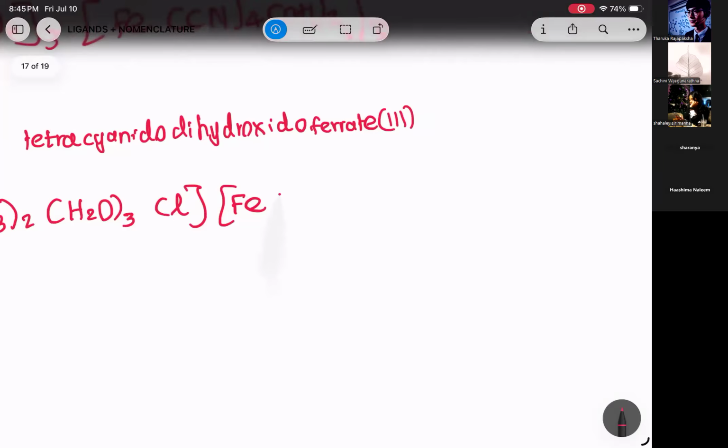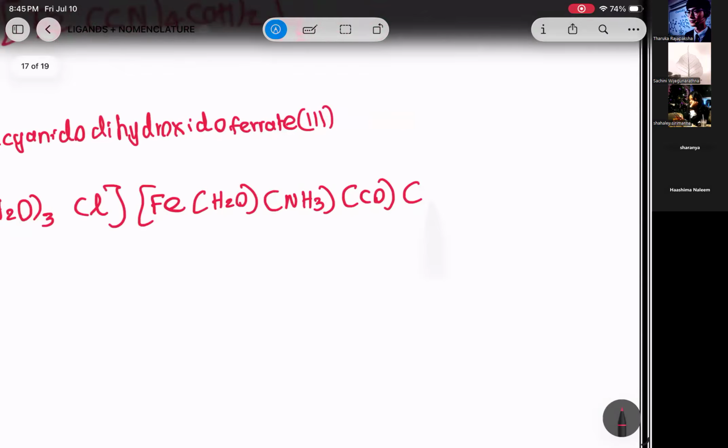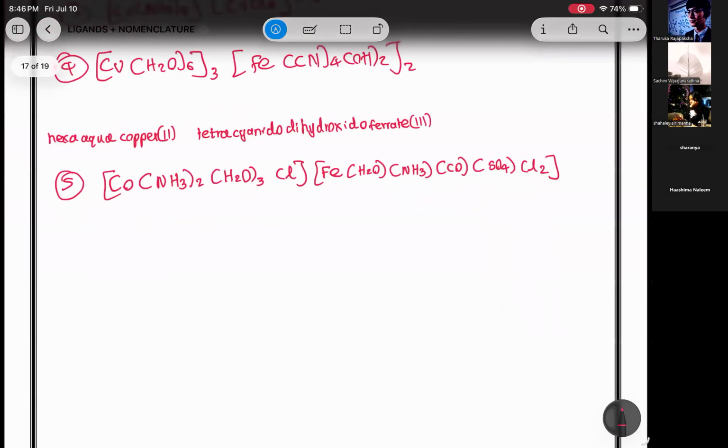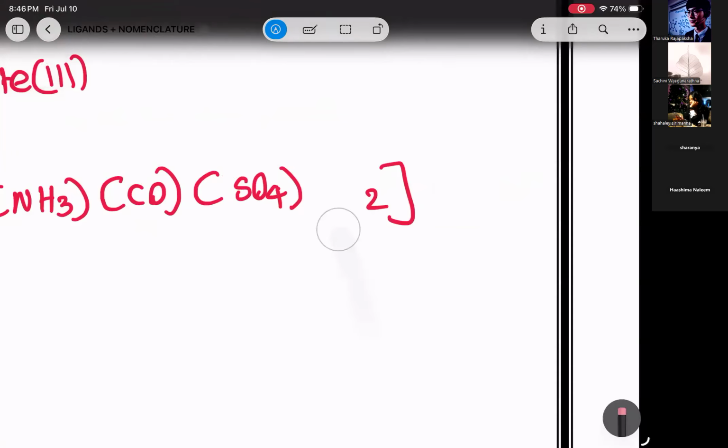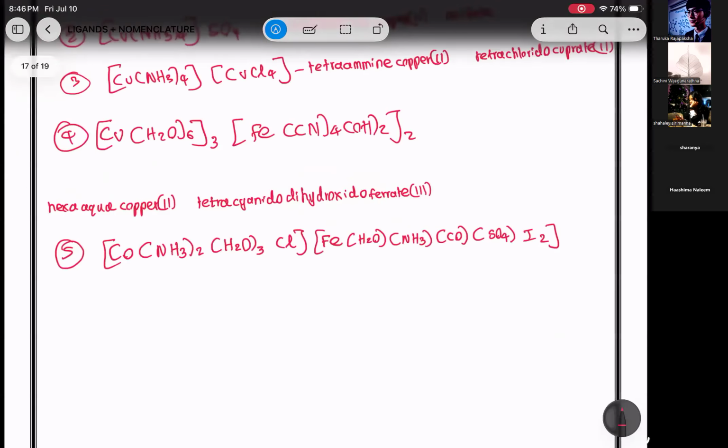So Fe, H2O, ammonia, CO. I'll put iodine here. So this is the last compound we are going to name.